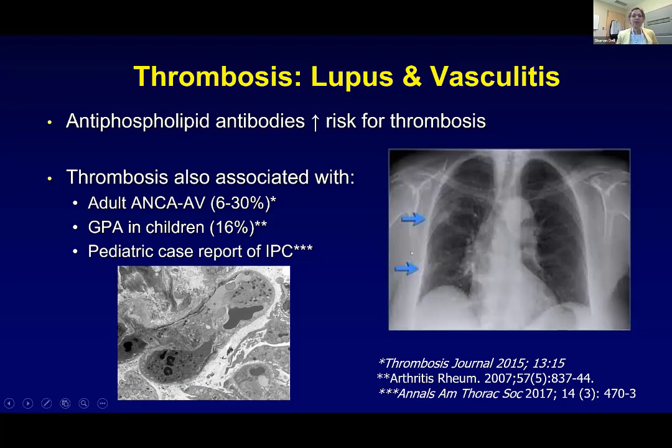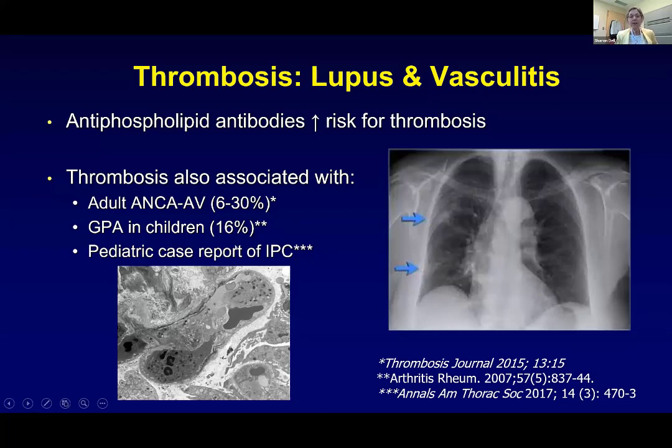So that was demonstrated a number of years ago in adult ANCA-associated vasculitides, and it's now been demonstrated in cohorts of children with GPA, which is the most common pediatric vasculitide. And one of my fellows actually published a pediatric case report of a child with pulmonary capillaritis who also had thrombosis.